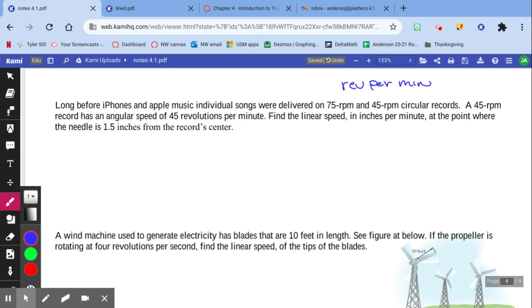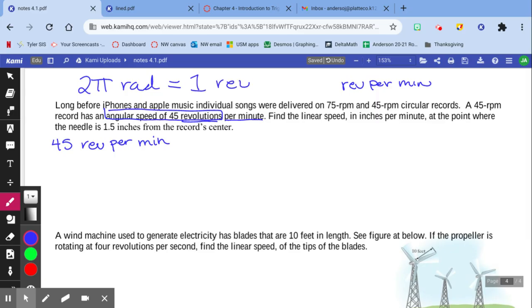A 45 RPM record has an angular speed of 45 revolutions per minute. Now remember what I told you, that 2 pi radians equals 1 revolution. And when we write this equation, it must be in radians over time.